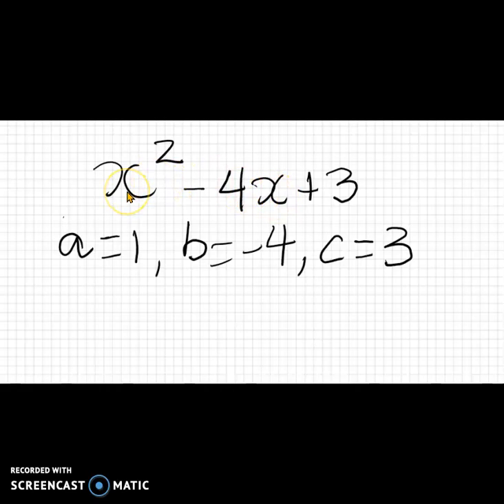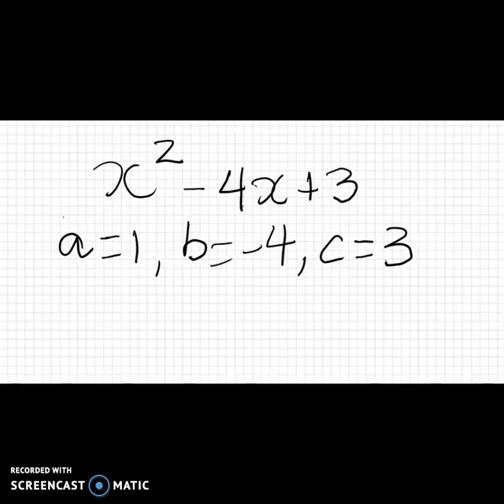Is this a quadratic? Does it satisfy ax squared plus bx plus c? Here my a is 1, my b is negative 4, and my c is 3. The highest power of x is 2, so this fits and qualifies as quadratic. So we can move on now to actually performing the steps involved.